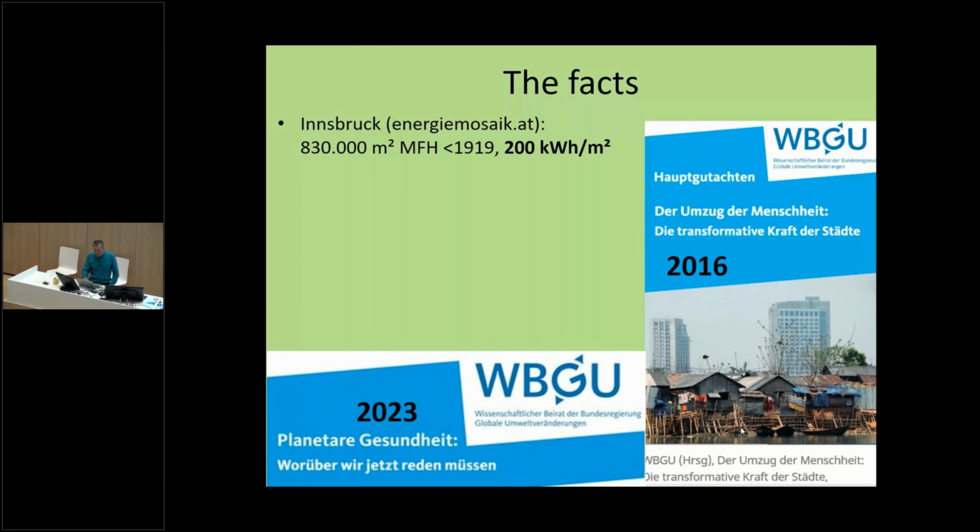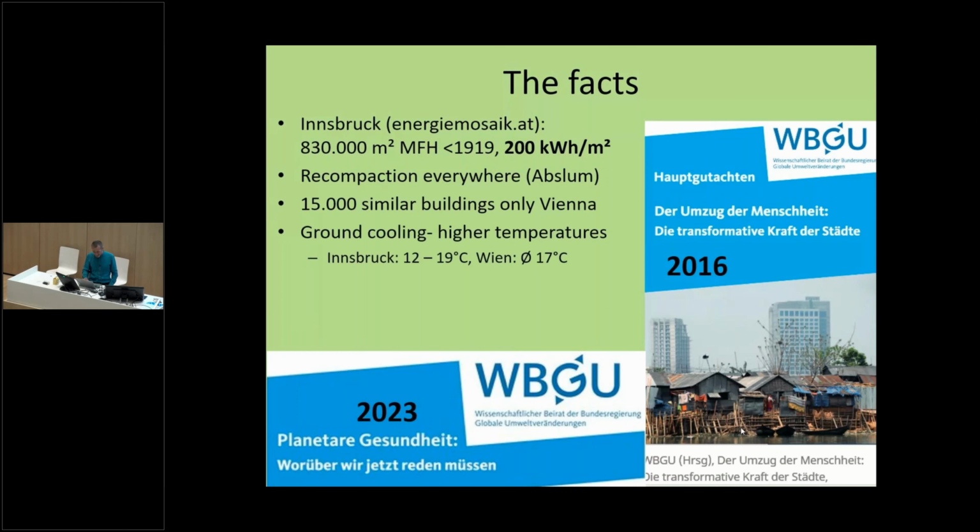Old buildings in Innsbruck built before 1990 usually have 200 kilowatt hours heat demand per square meter. And we have recompaction. I don't know if somebody from Absam is here, but it's a joke. And we have more and more warm water in the ground.